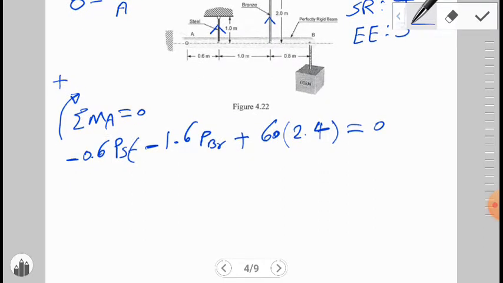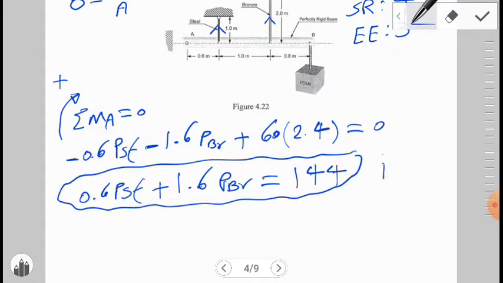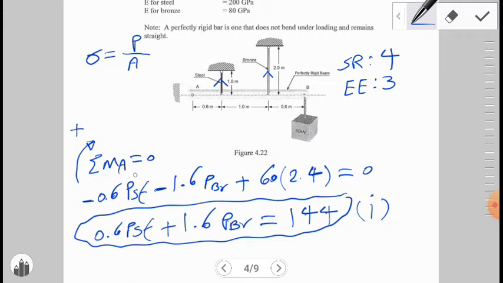After the simplification, we can say that P steel plus 1.6 P bronze is equal to 144. We call this equation number 1. We found equation number 1 based on the equation of equilibrium, sigma M_A is equal to 0.